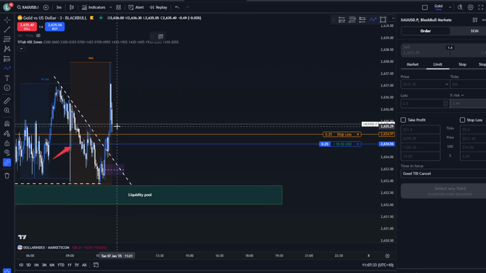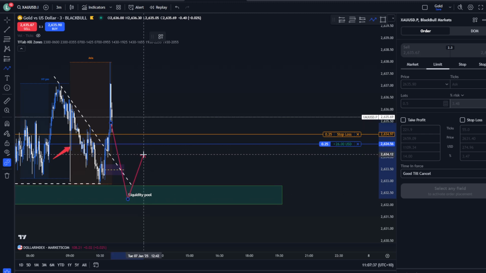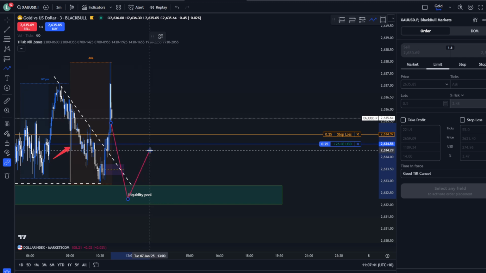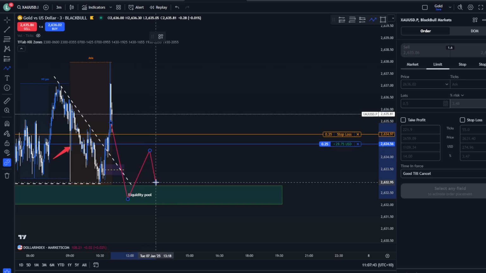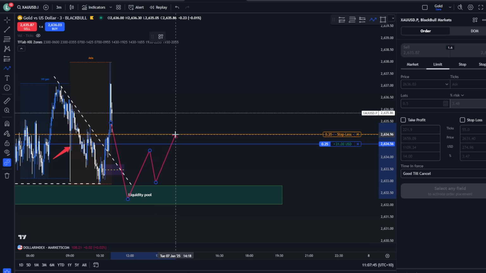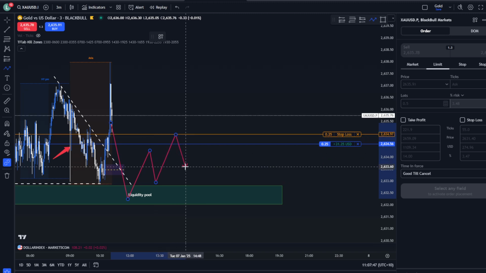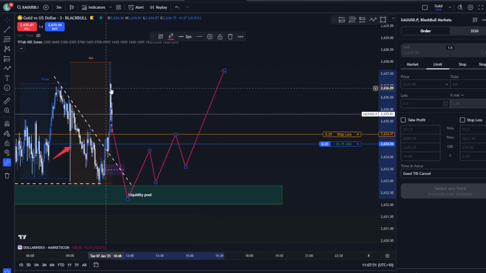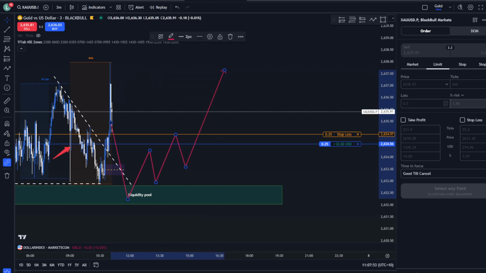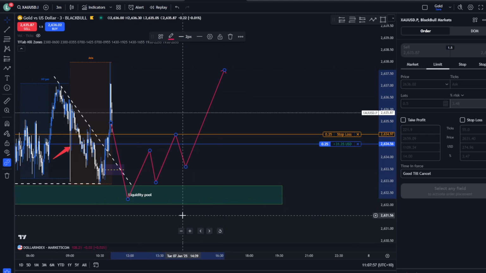So what we might be expecting is for price to come down, liquidity grab, come back up, okay, make a low, come back up again, optimal trade entry here, and that's where we go. Okay, so we liquidity grab, and we want to see a wick.